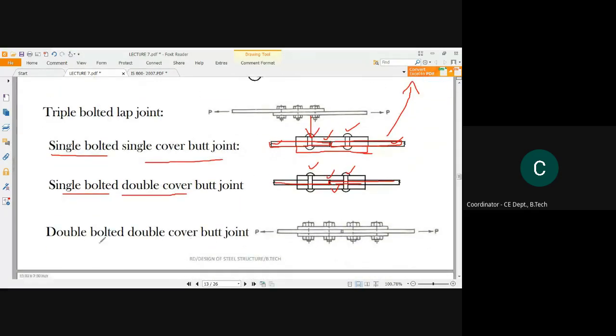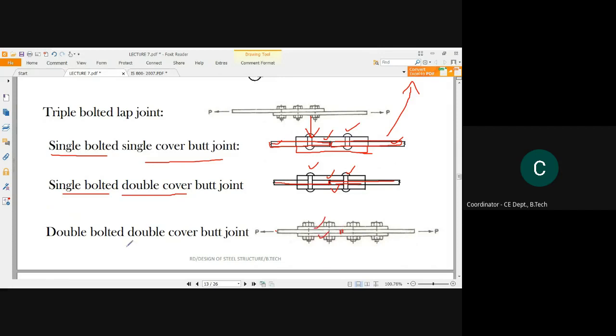Okay, see this picture. This is a double bolted double cover butt joint. So this is a member. Here a face of a plate has been connected to another face of plate, and both plates have been covered by 1 and 2.